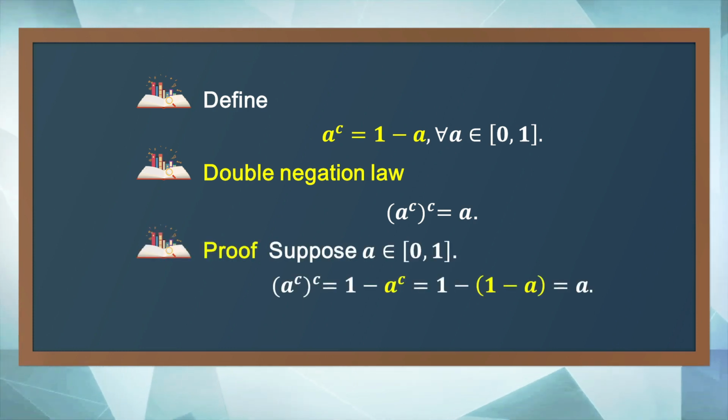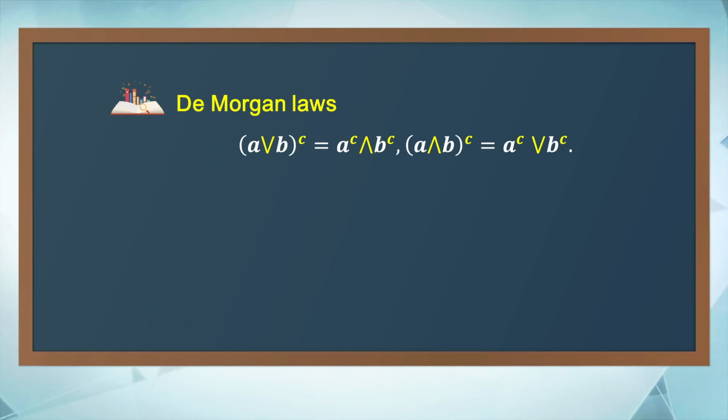By the definition of complementation, the complement of the complement of a equals 1 minus the complement of a. Again, by the definition of complementation, it is 1 minus (1 minus a), which is a. This completes the proof.